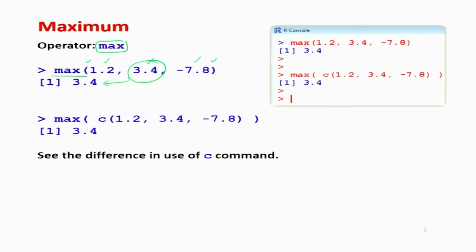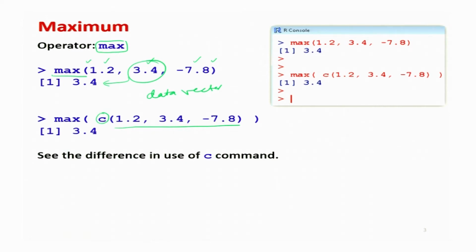Now I want to address one more issue. As you have learnt in the earlier lectures, whenever you give more than one numerical value as input in the R software, you always use the concept of a data vector. In order to define a data vector, you write all the numbers inside a parenthesis and use the command lowercase c.